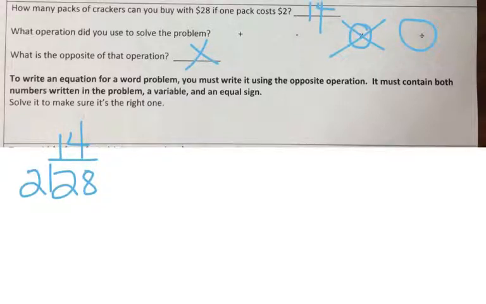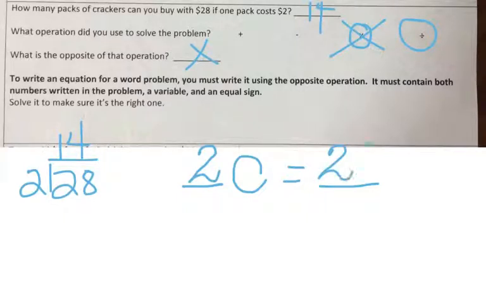So I know I need a variable. We're going to use C for crackers. My number is going to go right before that. Remember, to show multiplication, you put those numbers right beside each other. They each cost $2, so that's the number that goes with the variable: 2C, and 28 goes here.